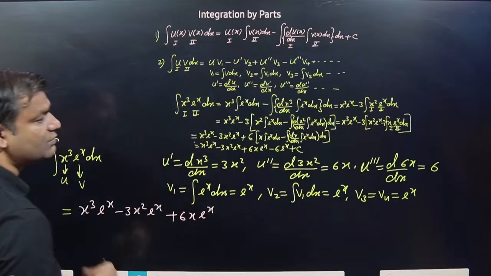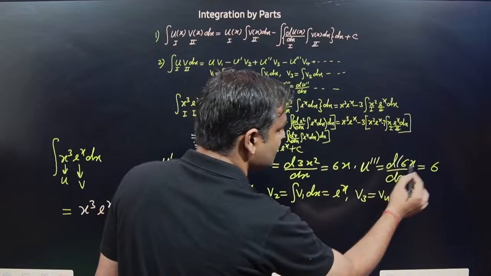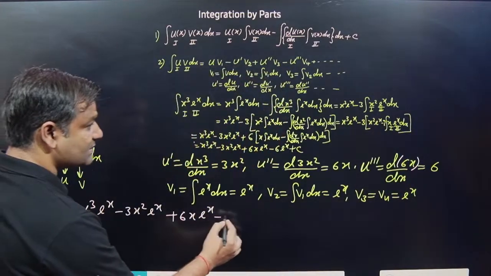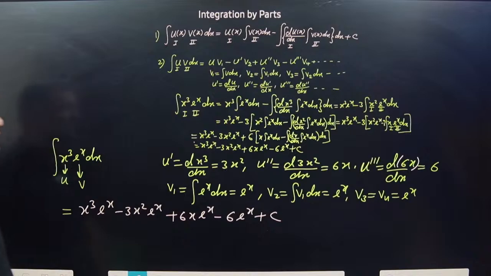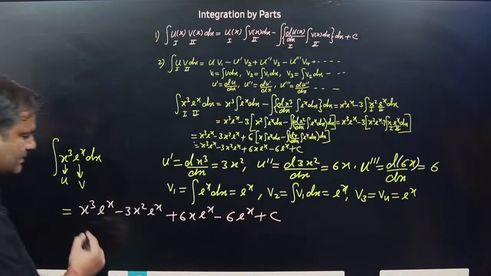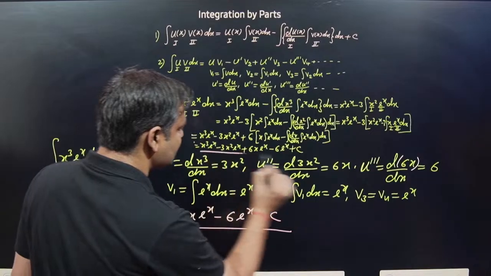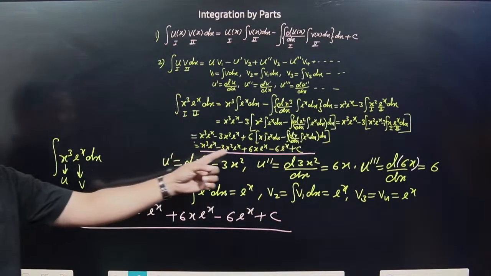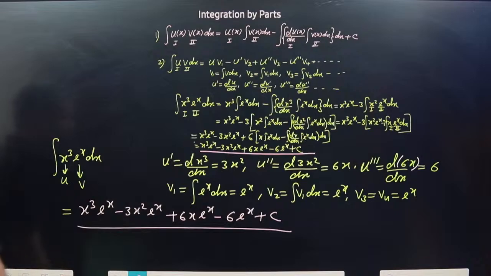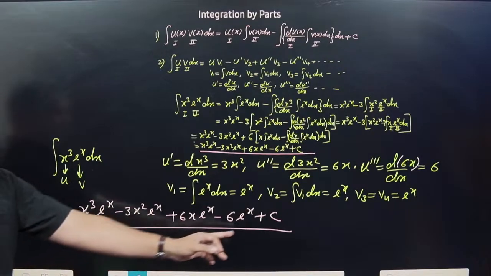After that, u triple prime, that is minus 6 into e to power x plus c is the right answer. Now check whether this is right or wrong. That answer and that answer are the same. If you follow the first procedure, you get that one. If you follow the second procedure, you get that one.